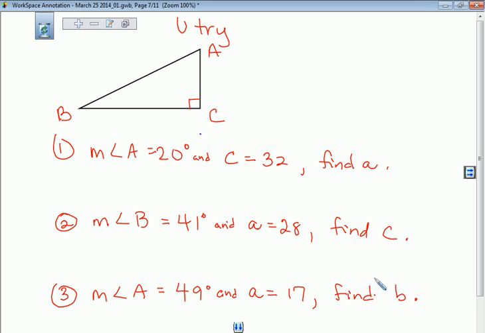Side B is across from angle B, so there it is. And side C is across from angle C. So that might be helpful.